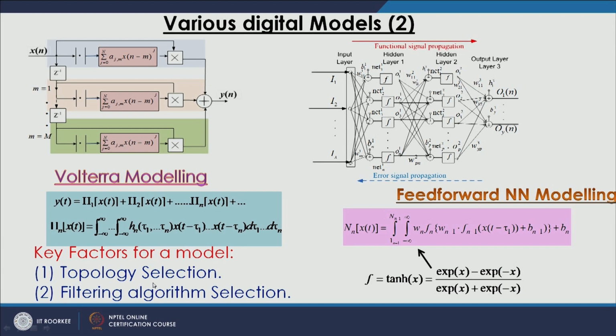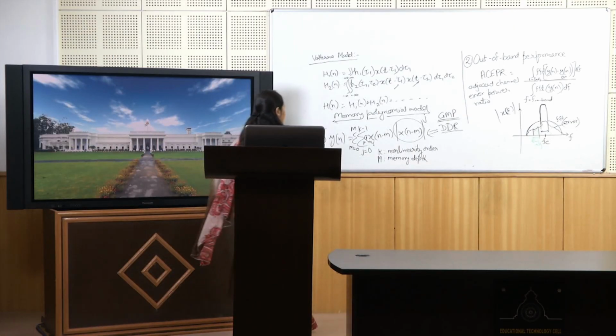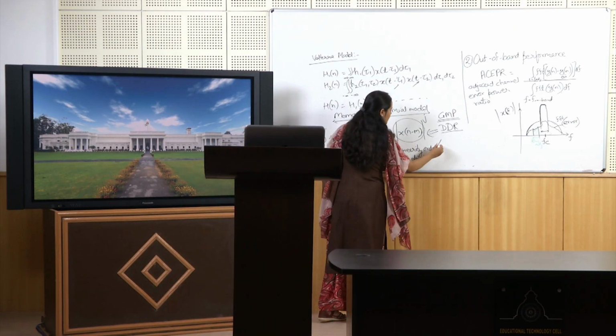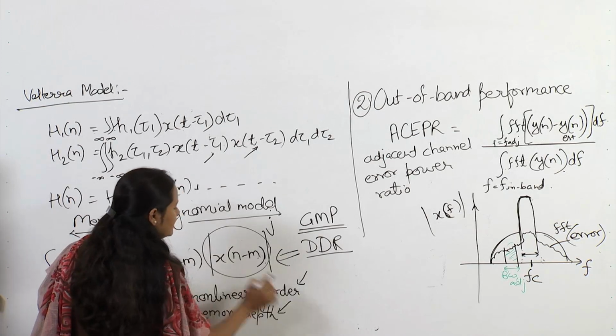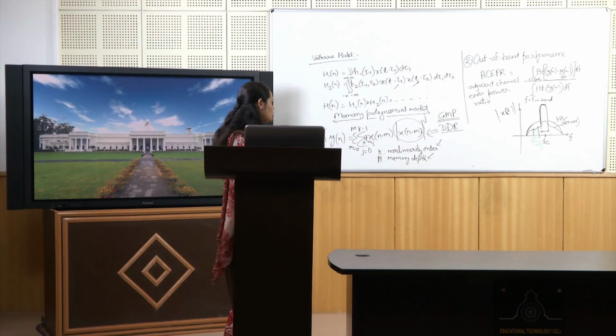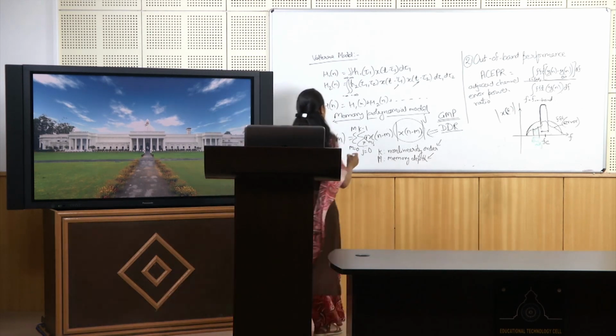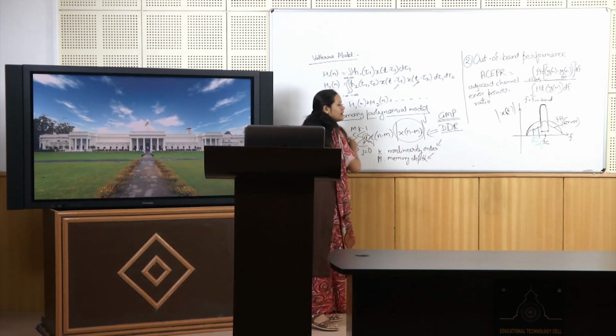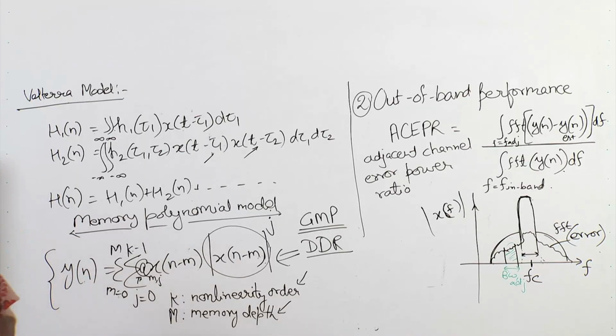One is topology selection, which we have discussed: if you are going for the polynomial model, what should be the nonlinearity order and what should be the memory depth. Once you choose this topology, meaning the nonlinearity order and the memory depth, then you can go for tuning your actual coefficients, so that you can get your output easily.